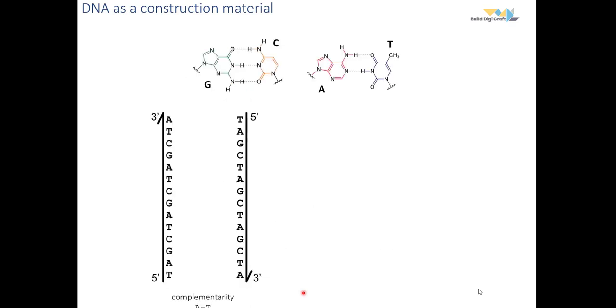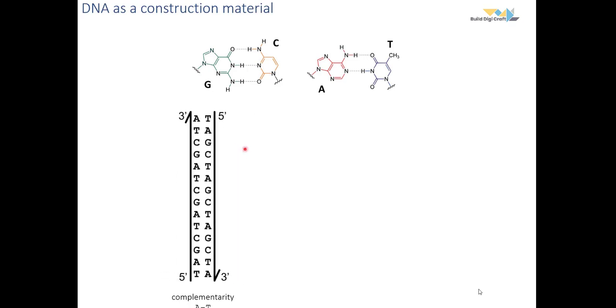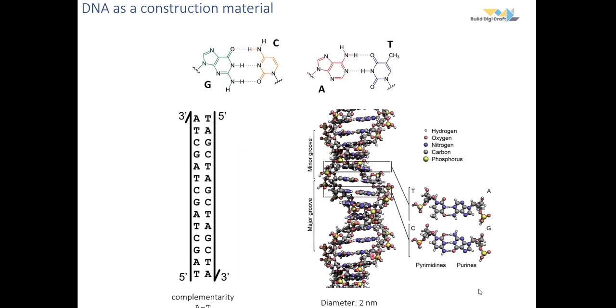But what is useful to remember is that these bases inside DNA can bind to each other in a very specific way. The G base binds to the C base and the A base binds to the T base. So if you have 2 DNA strands on which for every A base there is a corresponding T and for every C there is a corresponding G, they can bind to each other and form the classical right-handed double helical DNA structure.